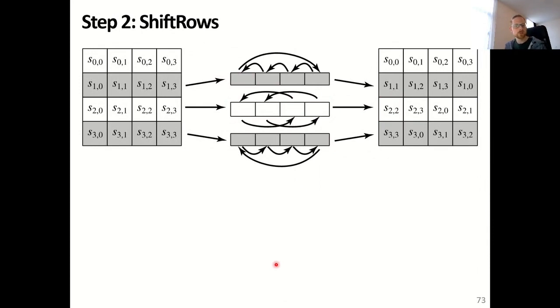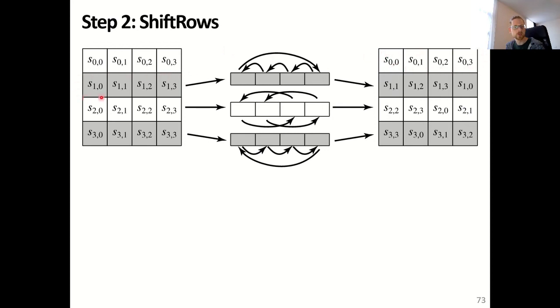Second step is shift rows. Shift rows is quite straightforward. What it does is it takes the 16-byte 4x4 input matrix and just does a left circular shift of the bytes based on the row on which they are present. The first row is not shifted, so as you see, the first row of the input equals the first row of the output.